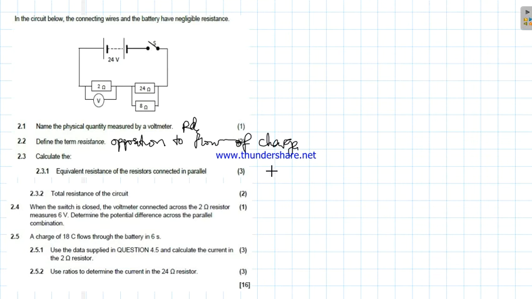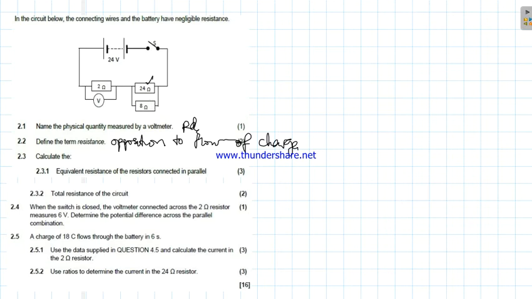To calculate resistance connected in parallel, before we do that, we need to identify the resistors connected in parallel. It is this one and this one. Those are the two resistors connected in parallel to each other.